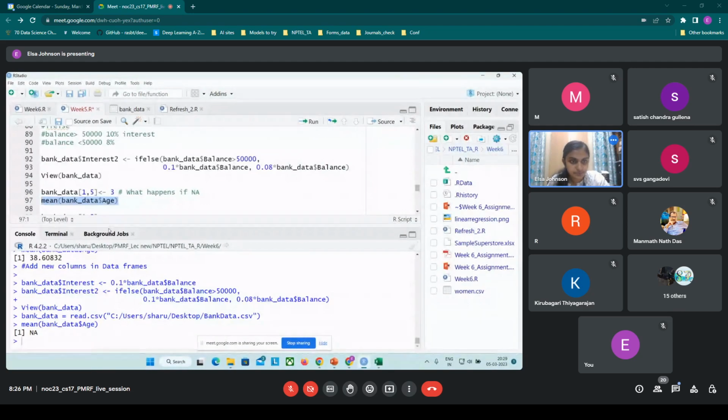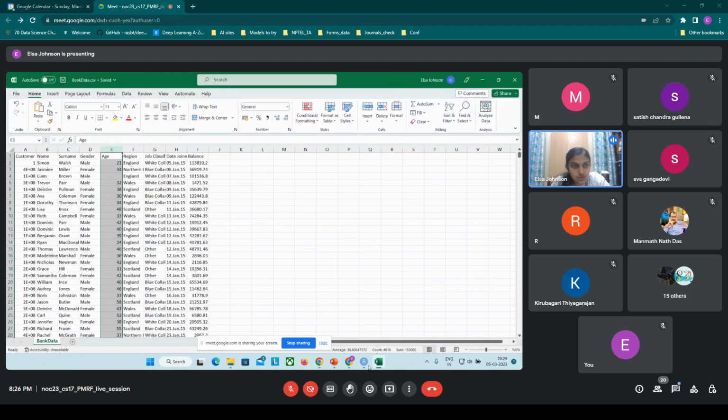The reason why that has happened is that the missing value is present there. Right now, for bank data underscore, I had given 1 comma 5, so this is 1 2 3 4 5, and here 1.